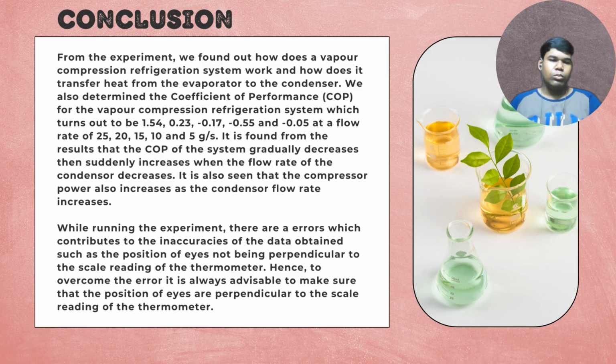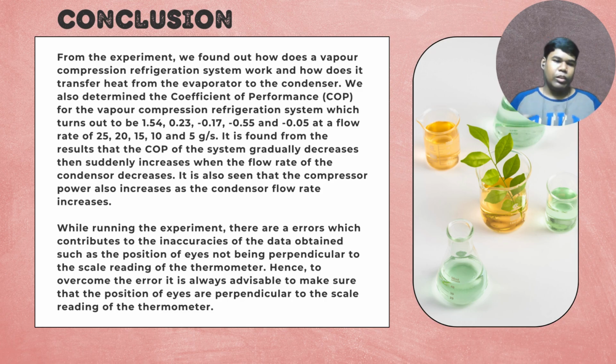From the experiment, we found out how a vapor compression refrigeration system works and how it transfers heat from the evaporator to the condenser. We also determined the coefficient of performance for the system, which turned out to be 1.4, 0.23, negative 0.17, negative 0.55, and negative 0.005, at flow rates of 25, 20, 28, 10, and 25 grams per second.